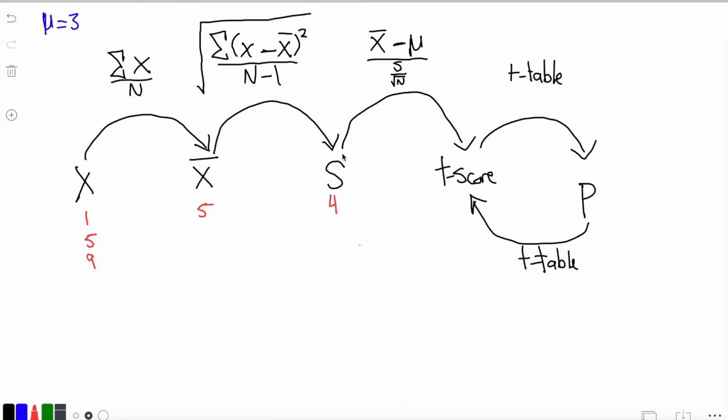So the next step is to go from our standard deviation to our t-score. And that's using this equation here. So let's start off by rewriting it out here. So our mean, which is 5, minus our mu, which was given to us earlier on as 3, divided by this standard error, is what we call it. So it's our s divided by our square root n.